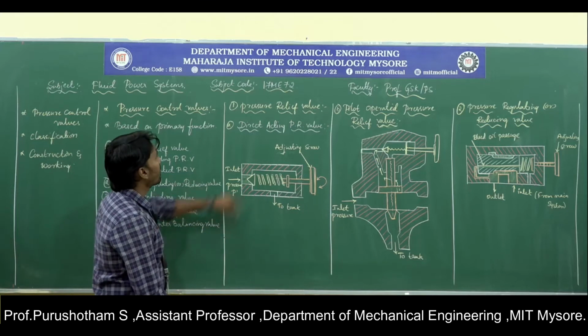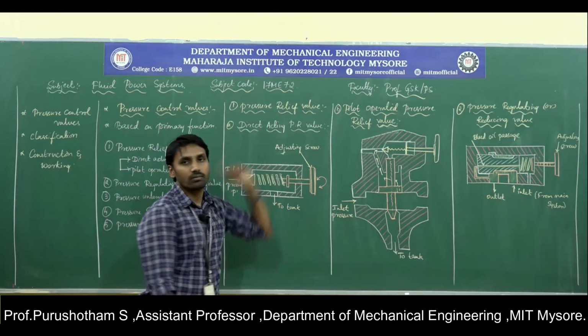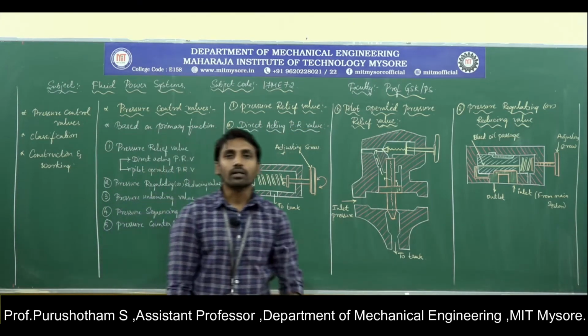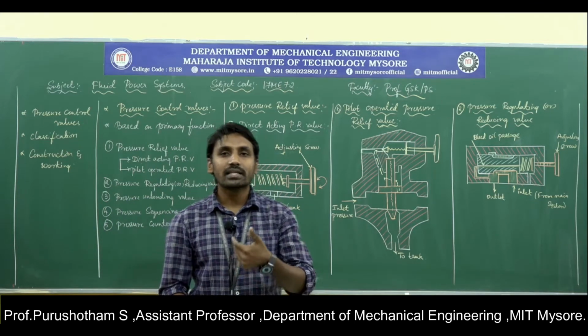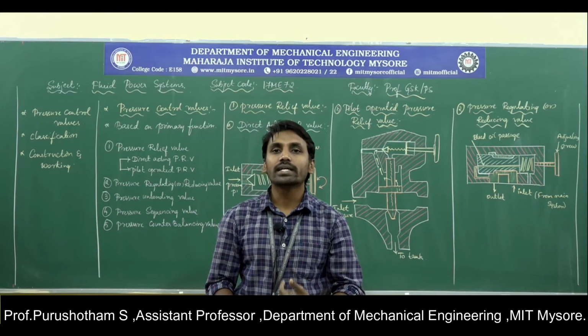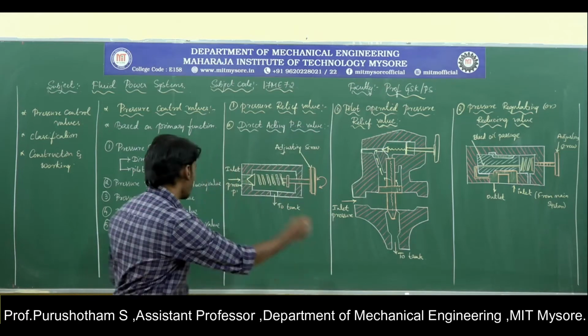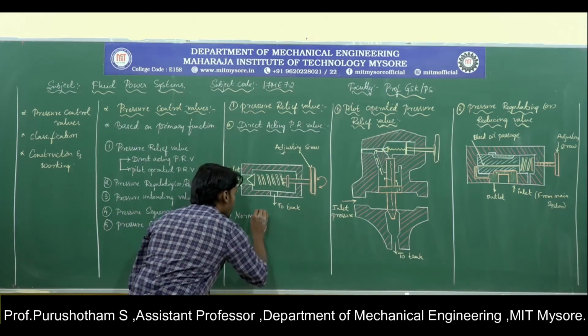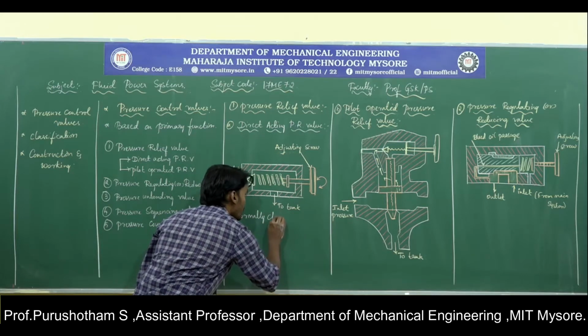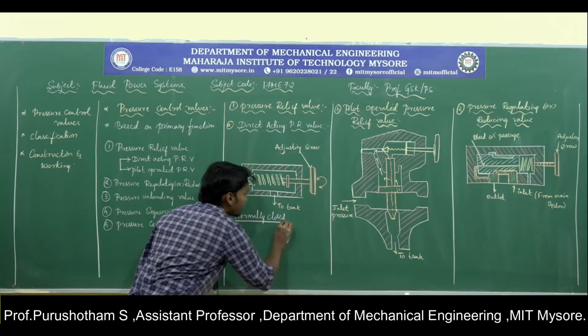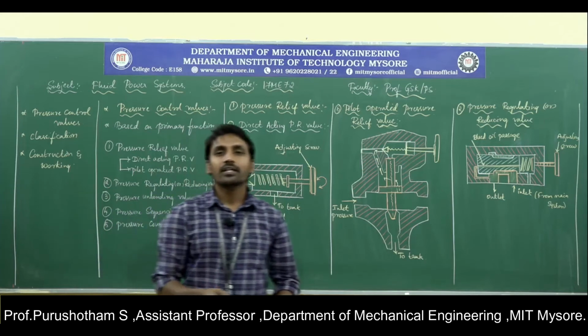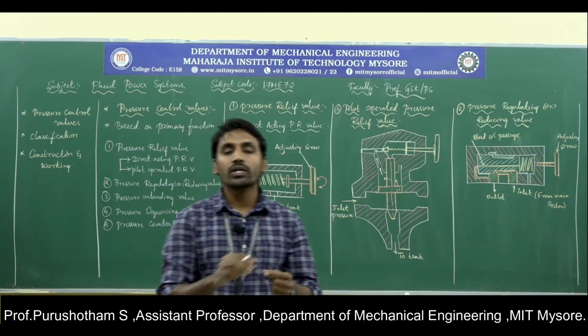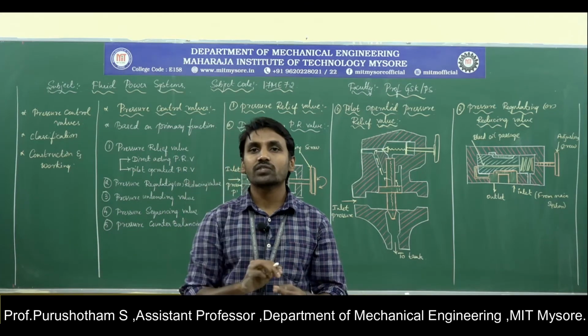The first one is the pressure relief valve. The pressure relief valve is nothing but a safety valve, which is normally a closed valve. That means the fluid does not enter this valve.